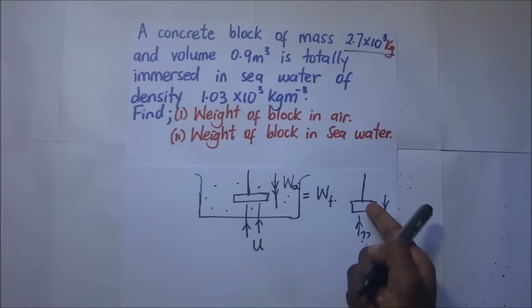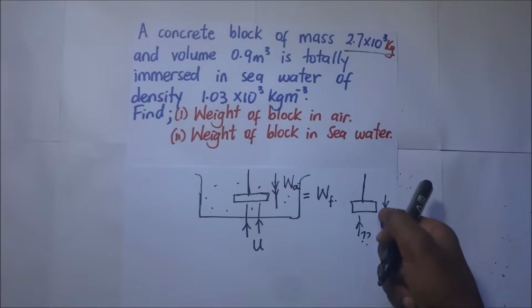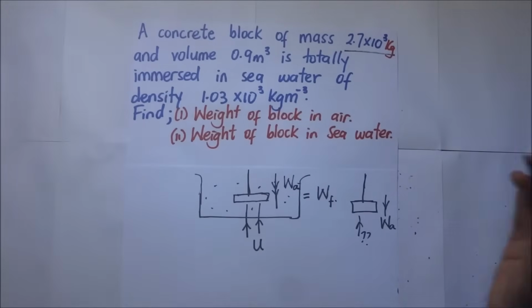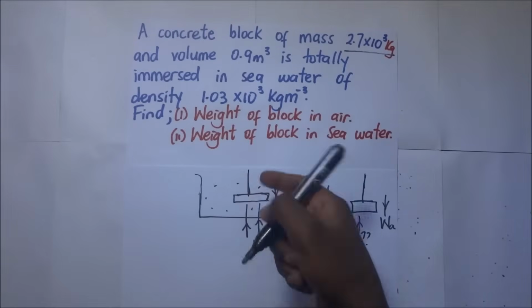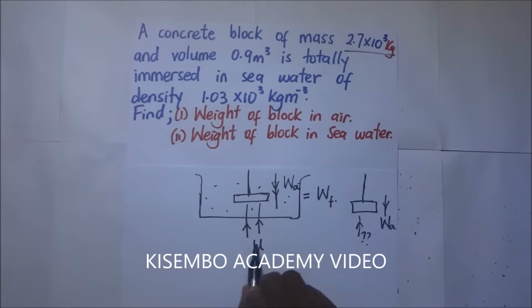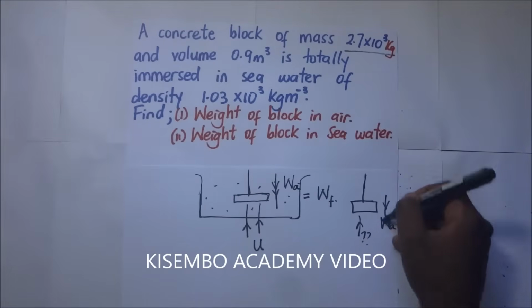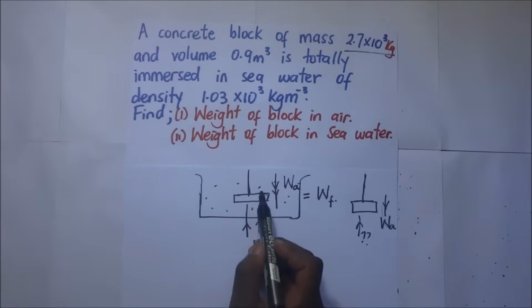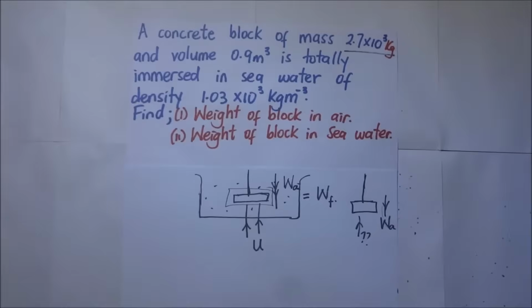Then we get this block with its weight still acting downwards, and we dip it in water here. When we dip it in water, it experiences another upward force acting on it. So this upthrust force is going to counteract some of this weight acting downwards. When it counteracts some of it, this block is going to lose some weight. That is what we call the apparent loss in weight of this solid.